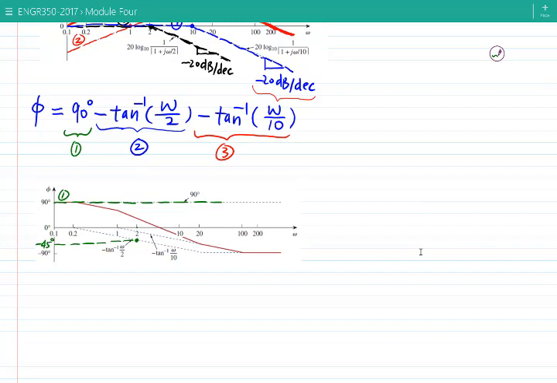When the frequency is really low, the phase angle is 0. How low should the frequency be?